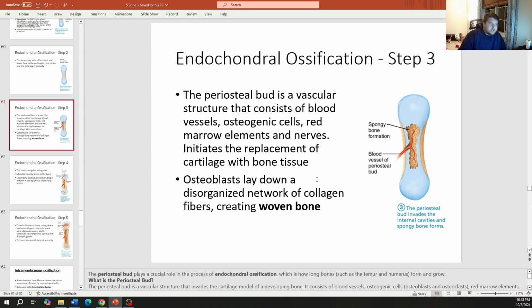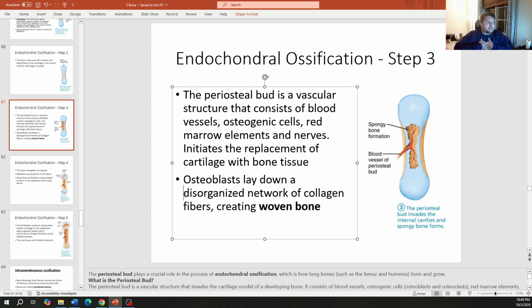Finally, in this third step, we get the formation of what's called a periosteal bud, this vascular structure that goes in and initiates replacing that dead, broken down cartilage with actual bone tissue, okay? The osteoblasts continue to lay down this network of collagen, and at the very beginning of this formation, it's not meant to be super neat and proper, because it hasn't had any force put into it to help it decide what shape it needs to be in.